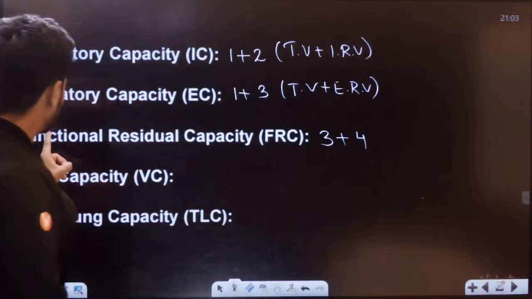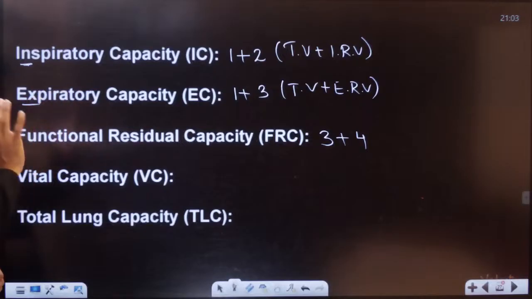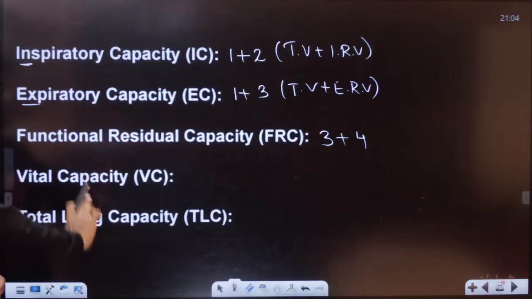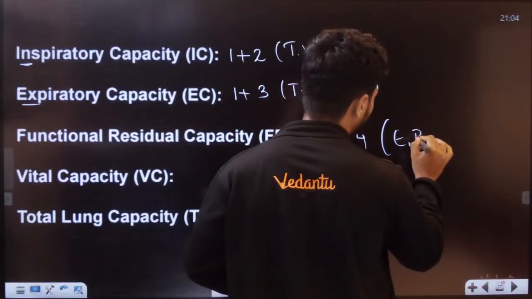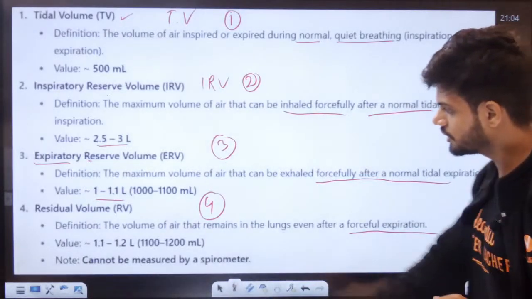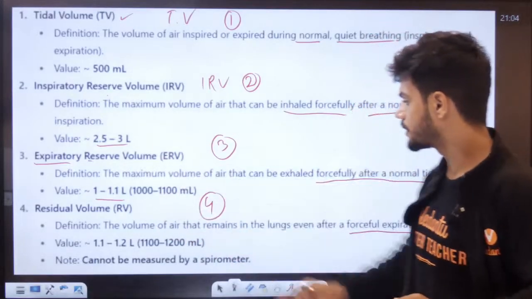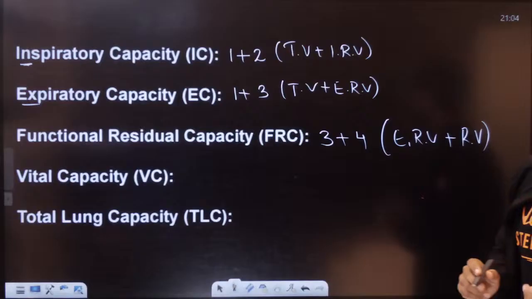That is your functional residual capacity. After you remove everything, some amount will always be present. That is basically ERV plus residual volume, RV, residual volume 4.